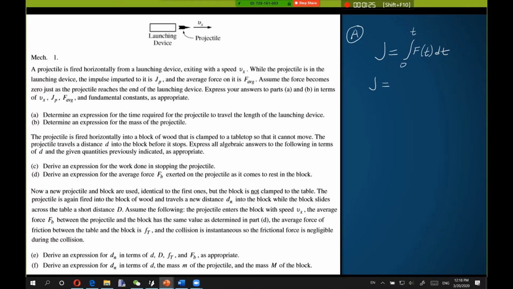But when I integrate, what's going to happen? Okay, we could say what we're really doing with this integral is multiplying force times time. So this is my average force times time.